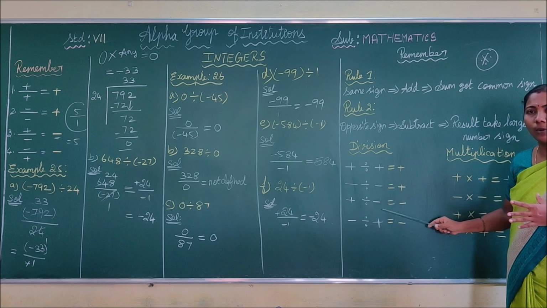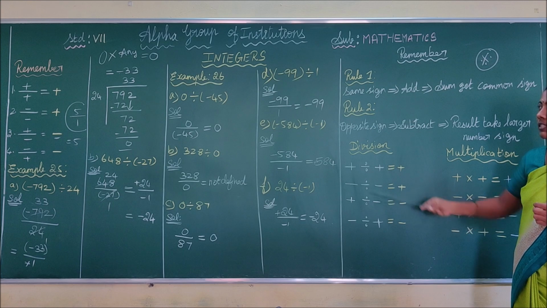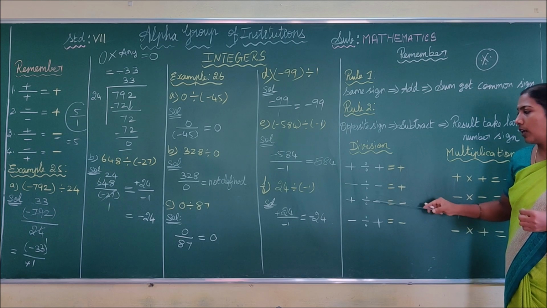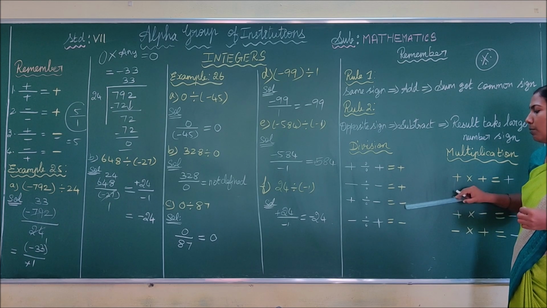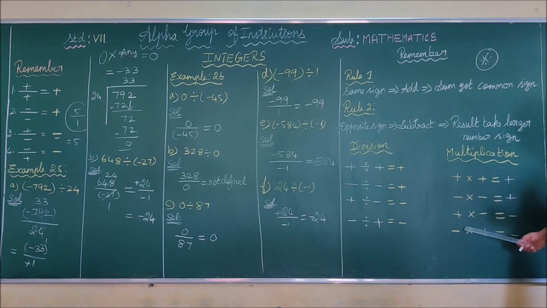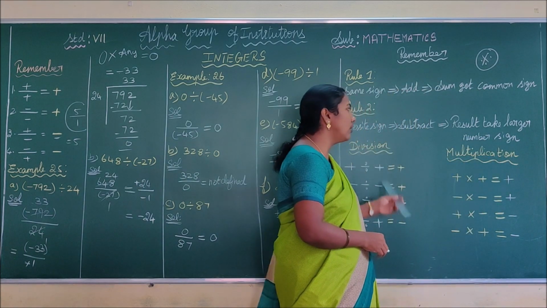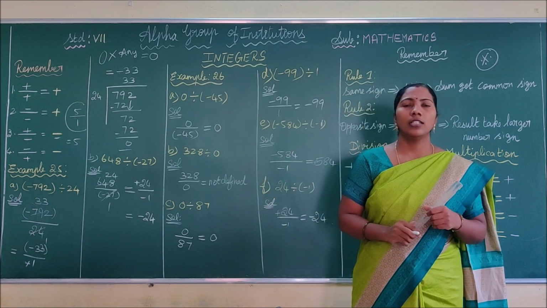Here you have to apply this formula only: plus divided by minus means you take the symbol minus, as we see in the example. Similarly, minus divided by plus means minus. Thus we can say wholly, if the symbols change, the result takes the symbol minus. If the symbols are the same, the answer takes plus. Similarly here, plus into minus, minus. Minus into plus, which is equal to minus. So you have to remember rule 1 and rule 2 for addition and subtraction, and the rules for division and multiplication for the arithmetic operations of integers. It's clear children? Thank you.